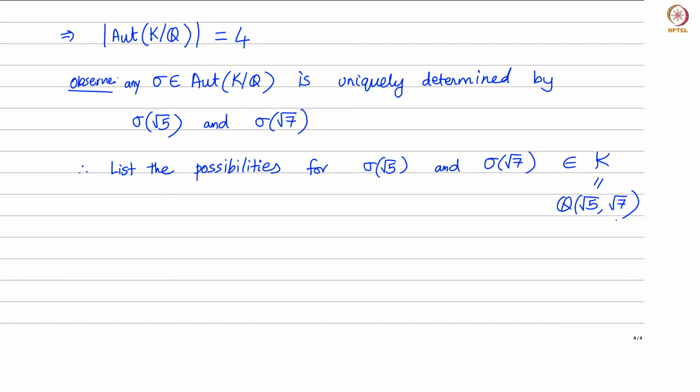Now recall, as we have seen before, the same fact that we used earlier, the minimal polynomial of square root 5. So observe that σ(√5) must be a root of, so maybe we'll just call these numbers α = √5 and β = √7.